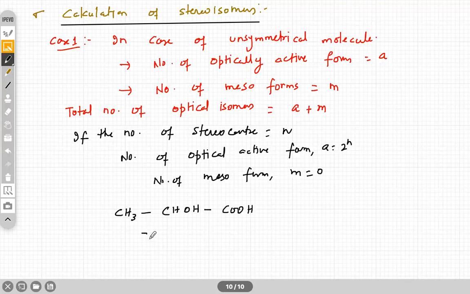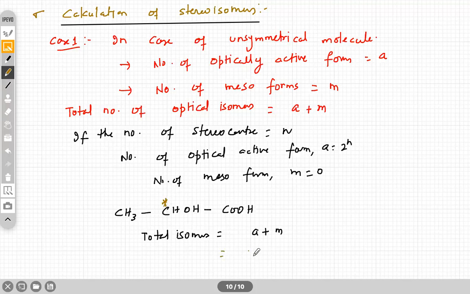The total isomers here is equal to A plus M, active form and inactive form, and the number of stereo centers is this 1.